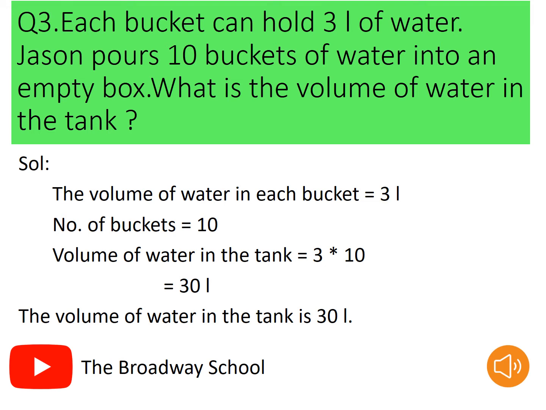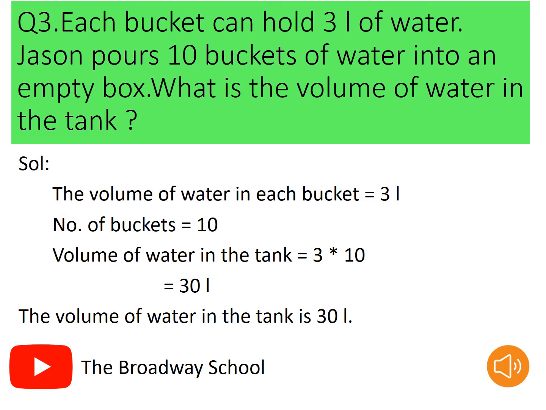Each bucket has 3 liters of water, and there is an empty tank. We need to put this water in the empty tank and then tell what the total volume of water in the tank will be. So 3 liters of water in each bucket, and 10 buckets in total.